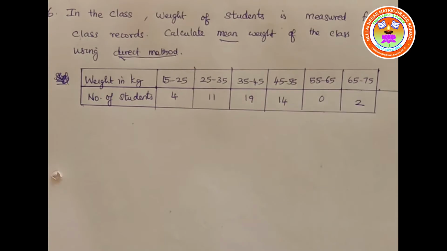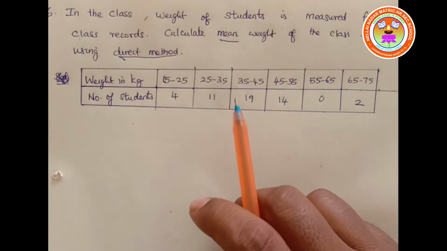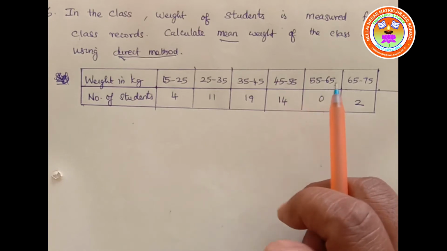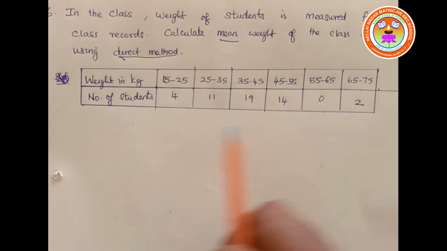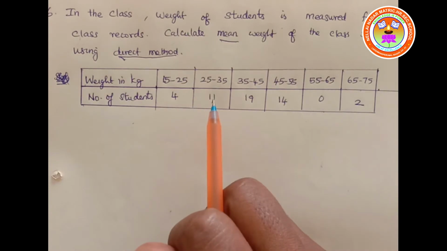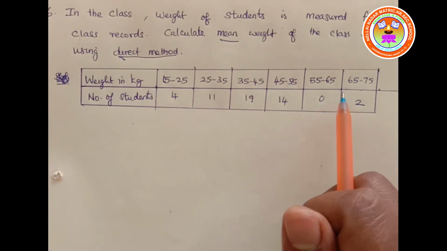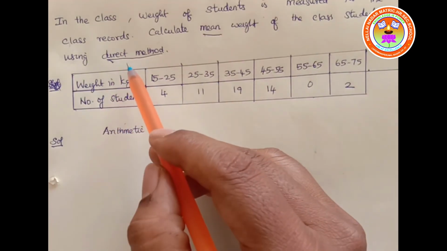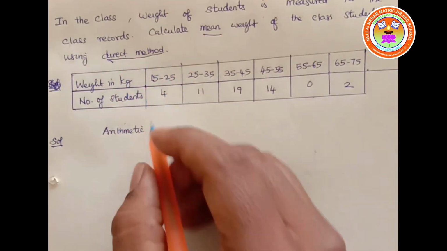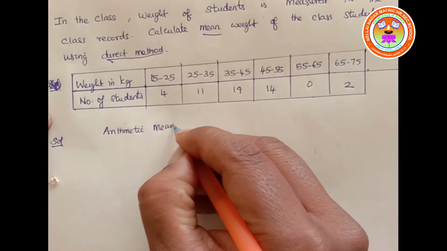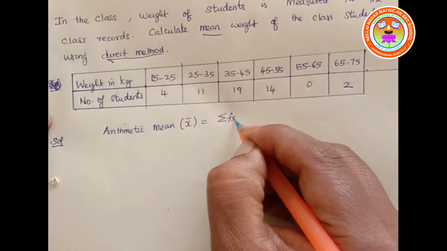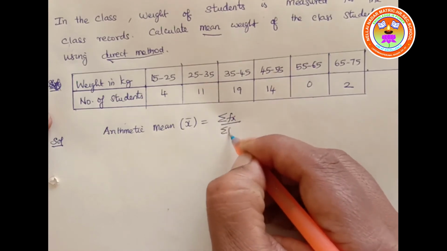So weight in kg: 15 to 25, 25 to 35, 35 to 45, 45 to 55, 55 to 65, 65 to 75. Number of students are 4, 11, 19, 14, 0, 2. Solution, children. We are going to use the direct method. So arithmetic mean x bar is equal to sum of f into x by sum of f.